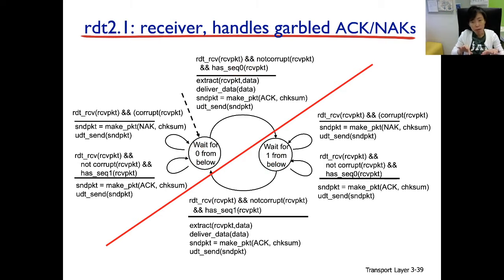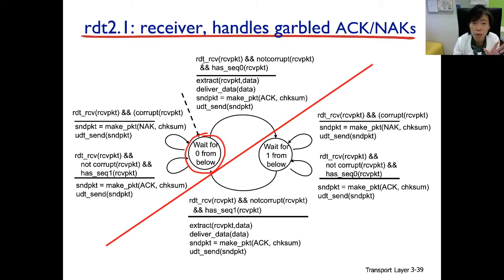And then we propose that we walk through the state machine this way. First, assuming that there are not going to be any data corruptions nor the ACK/NAK corruptions, meaning things are going perfectly. At the beginning, the receiver will start from the initial state, wait for packet 0 coming from below.